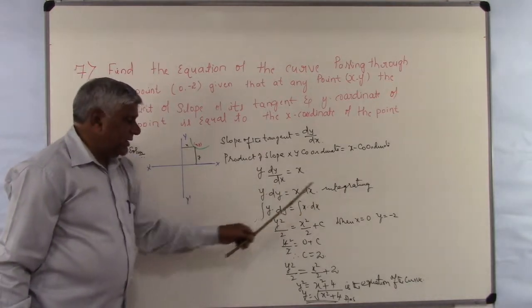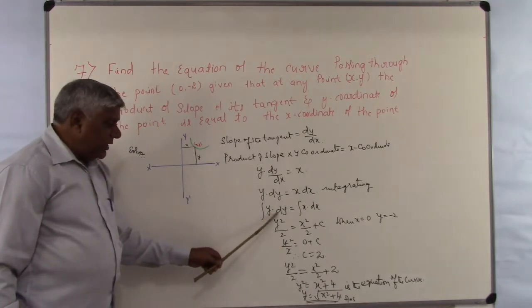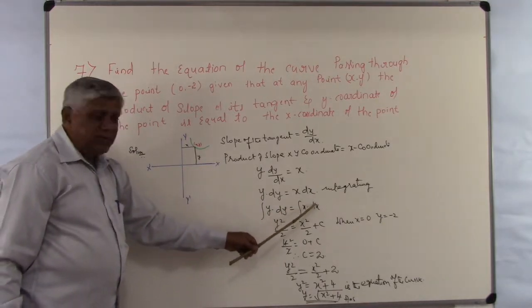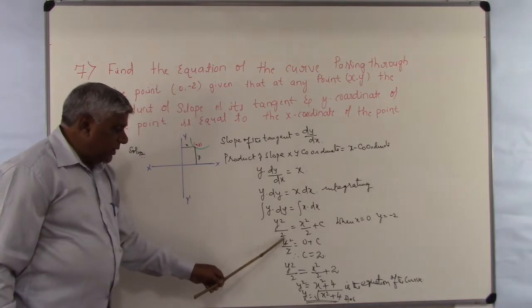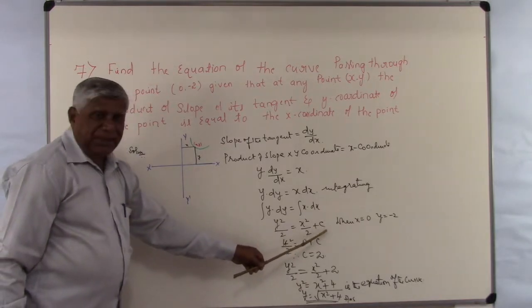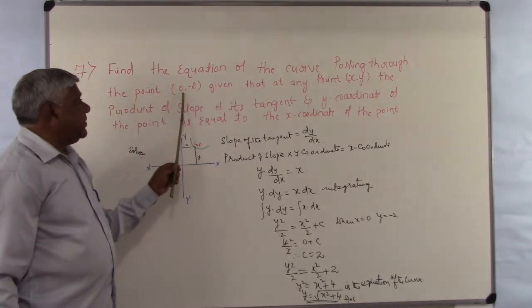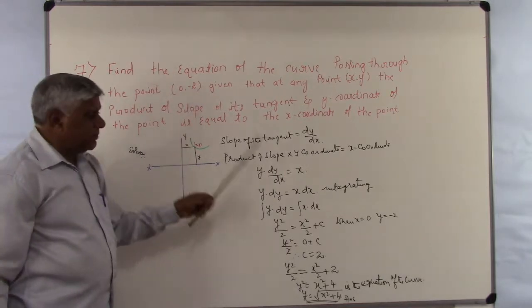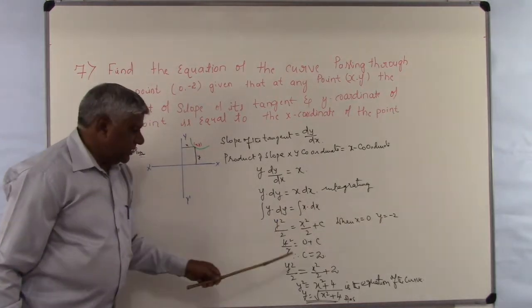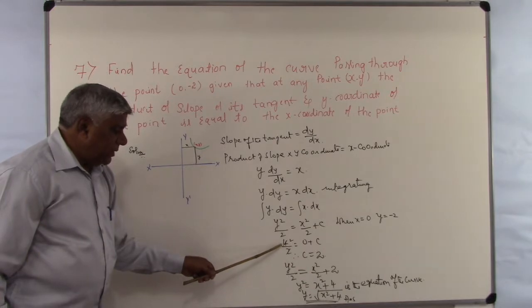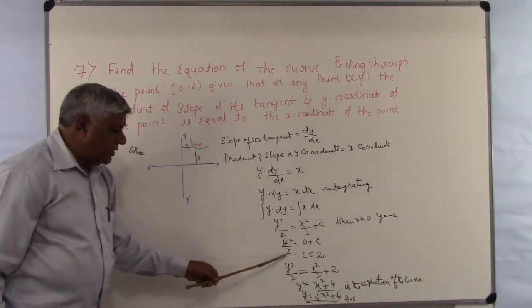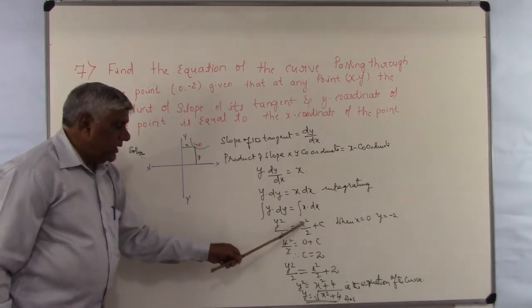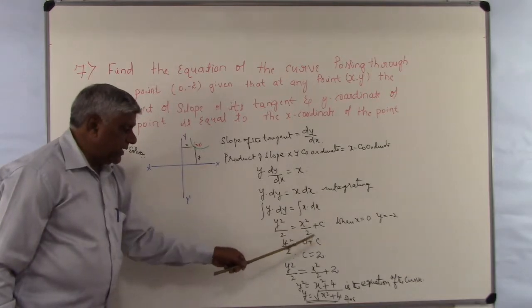Now integrating both sides. Integral y into dy is equal to integral x into dx. Or y square by 2 is equal to x square by 2 plus c. Here, when x is equal to 0, what is the value of y? It is minus 2. Substituting that value here, minus 2 whole square is 4. 4 divided by 2 is equal to x is 0, 0 plus c.